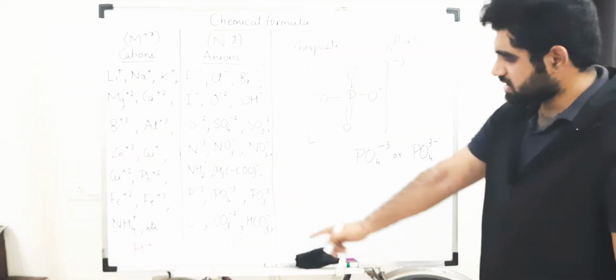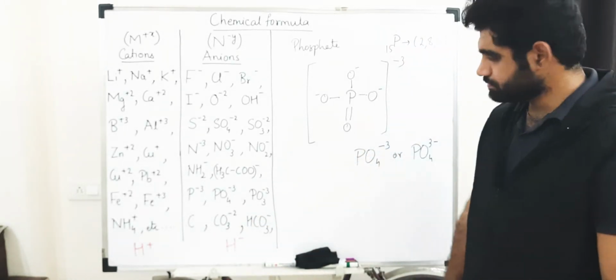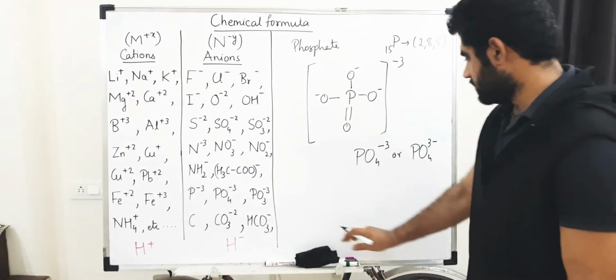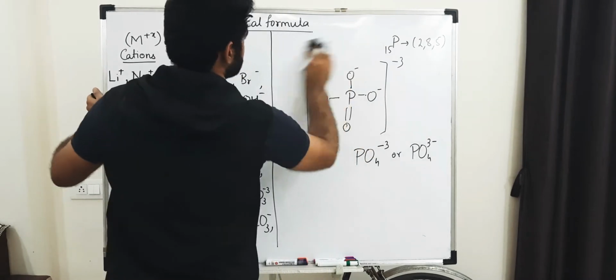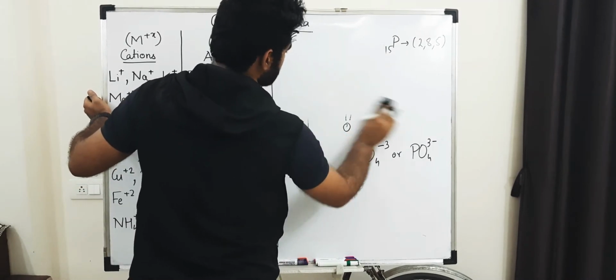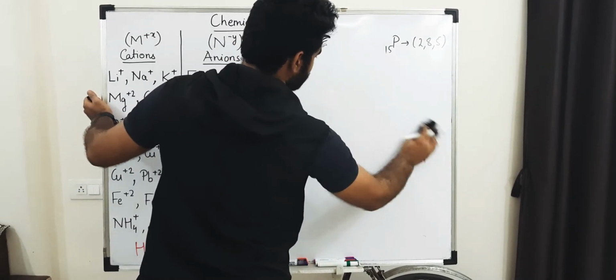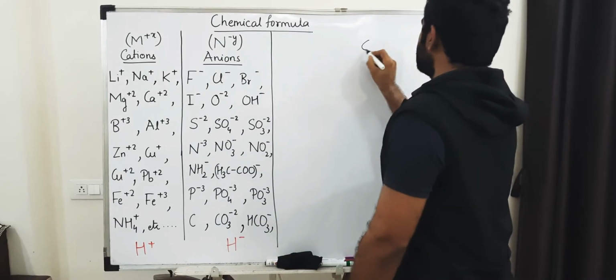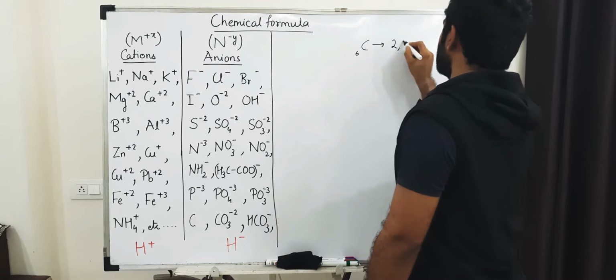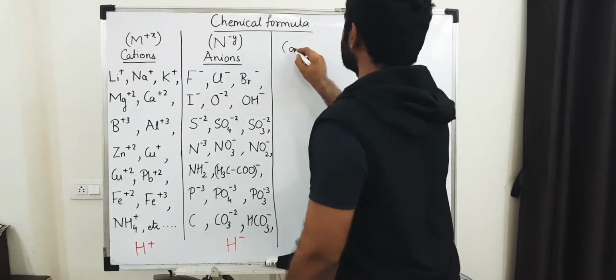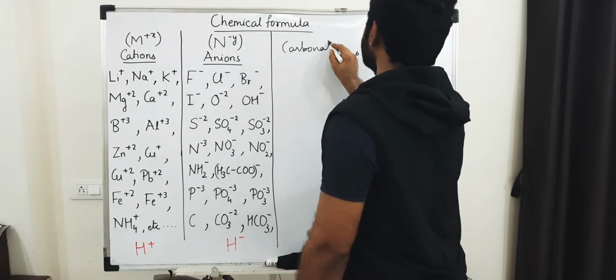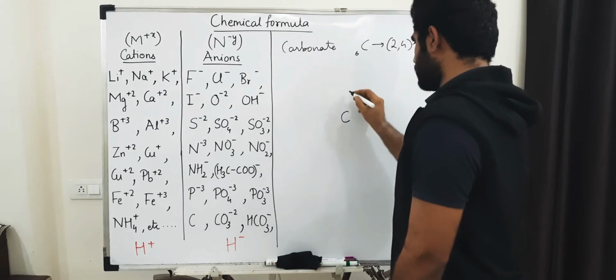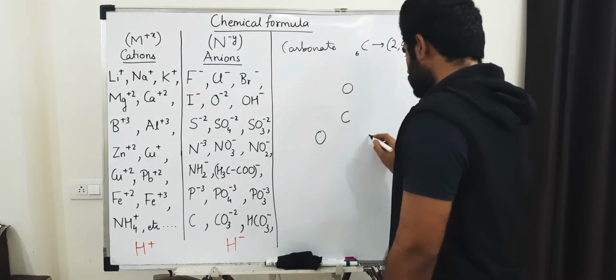Similar is the case with carbonate, CO3. If I consider carbonate, CO3, carbon has atomic number 6, that is 2, 4. Carbonate has 3 oxygens connected, 1, 2, 3.